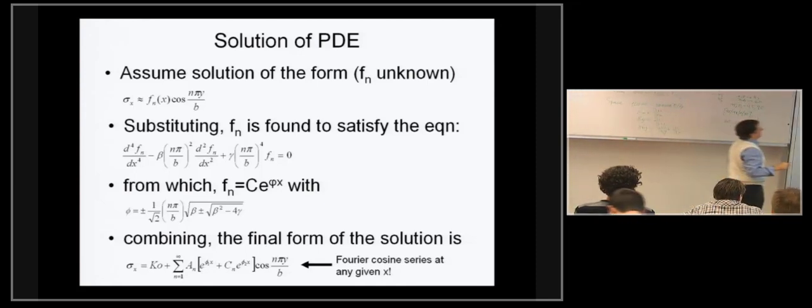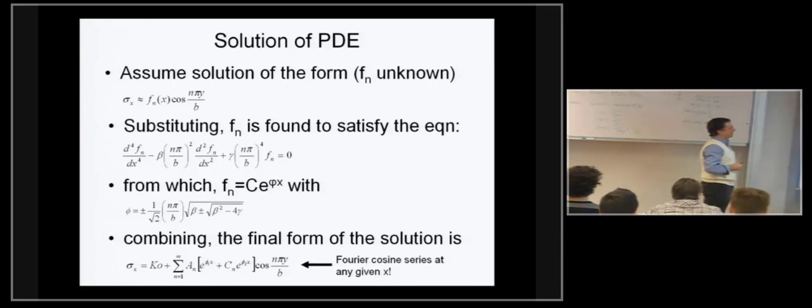I assume that the solution will be some function of x times cosine n pi y over b for reasons that will become obvious in just a little bit.